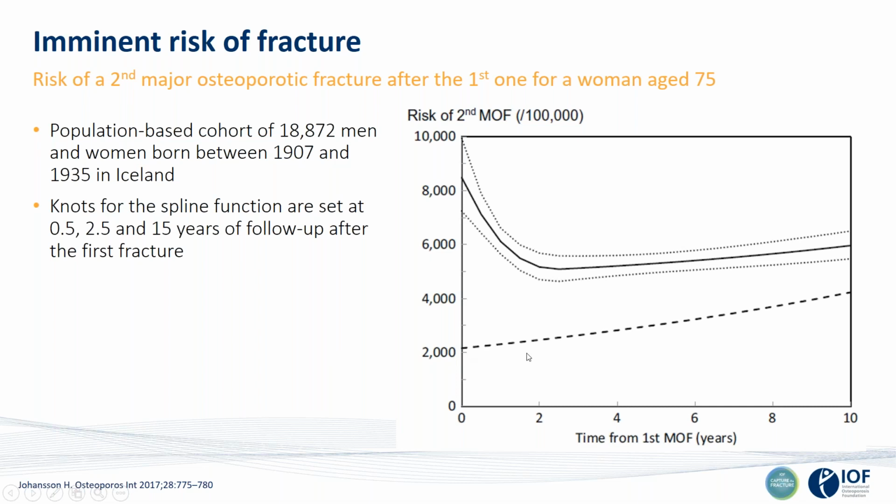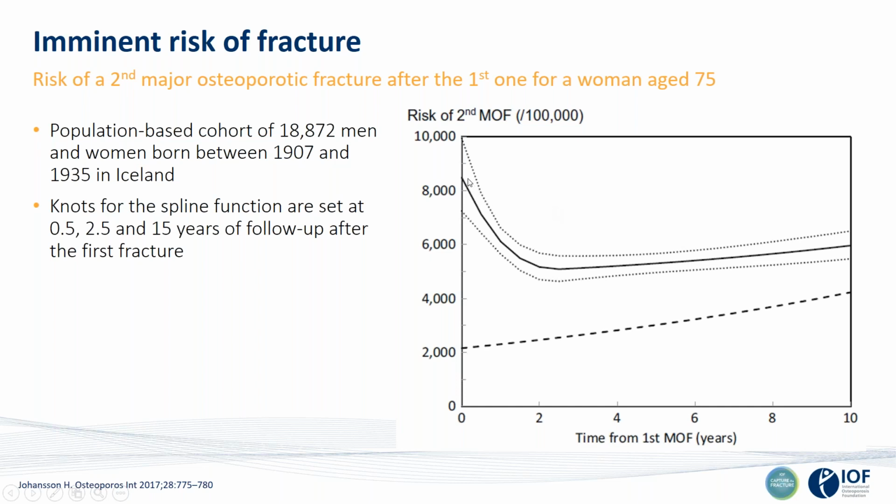You have this line with dots on the bottom of the chart, and that shows the risk of a woman that is aged 75 with no specific risk of fractures.